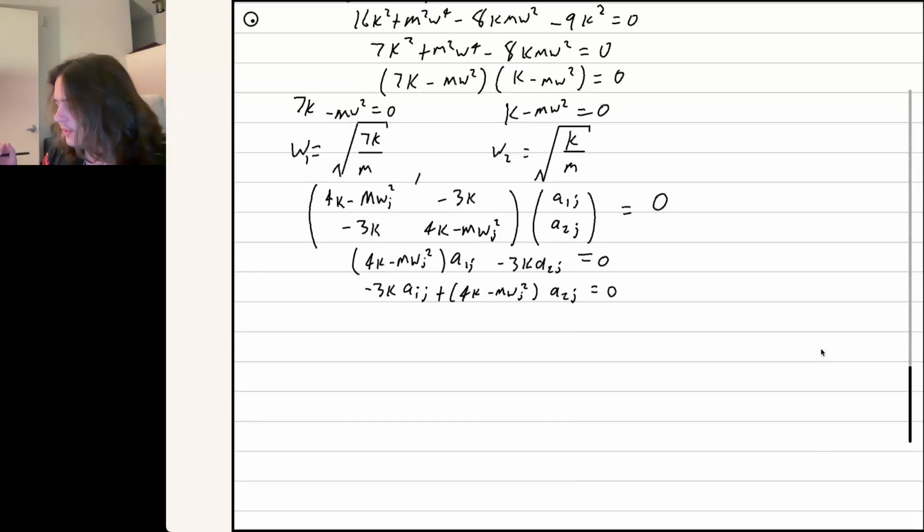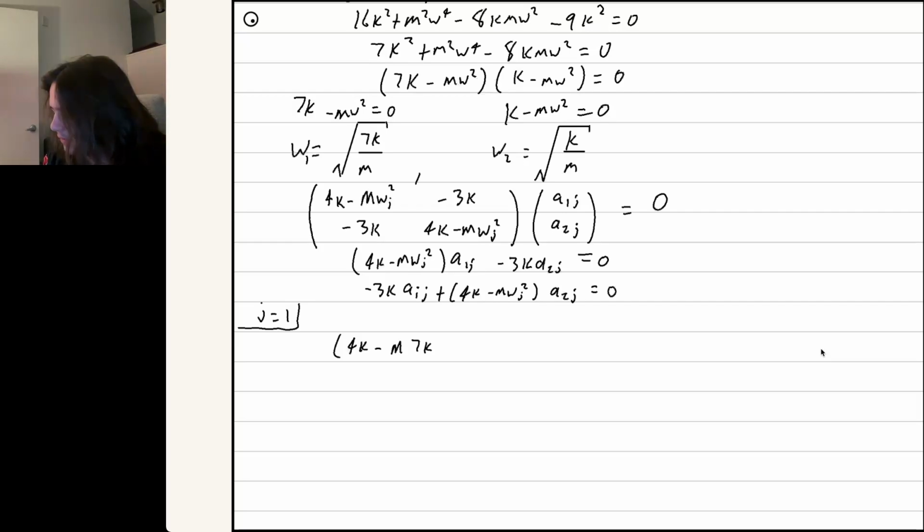So let's plug in a j. Let's do j equals 1 first. When we do that, we'll have 4k minus m times 7k over m, times a11 minus 3k a21 equals 0.